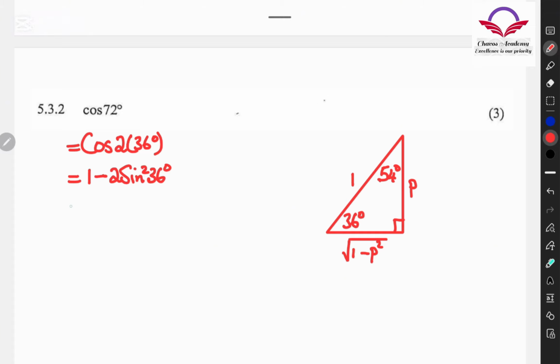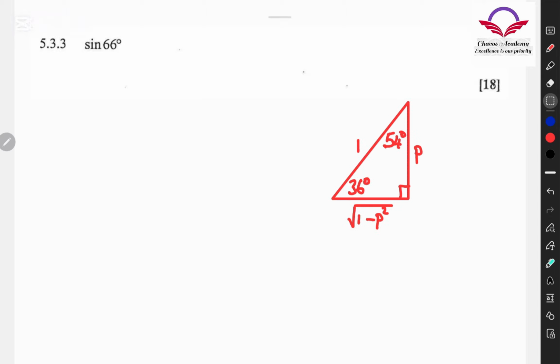And as we conclude, we're going to have 1 minus 2p squared, because we're given above that sine 36 is p. So where there's sine 36, we substitute.